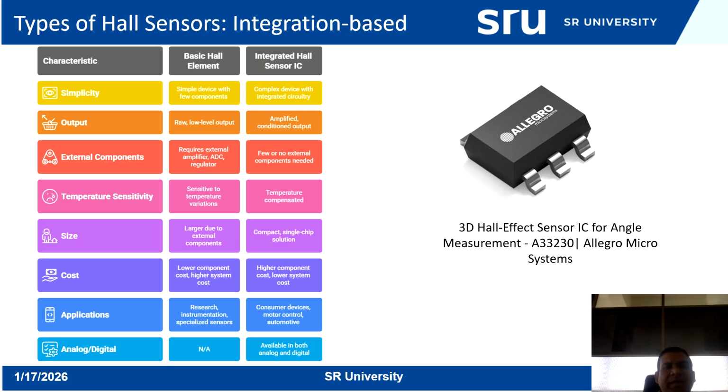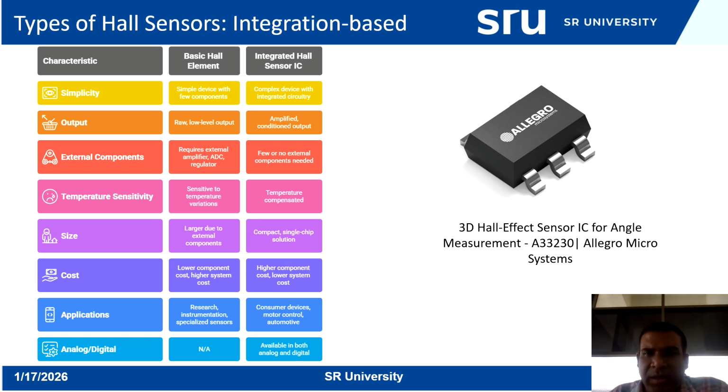Where is the application of this kind of Hall sensor? Mainly it is used in consumer electronics, then motor control, then automotive sensing. You can see I have mentioned one image, and at the right hand side is a 3D Hall sensor designed by Allegro Microsystems. It is a very renowned company.